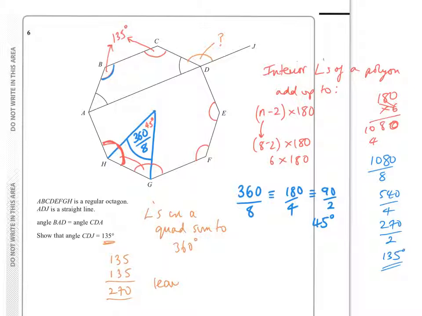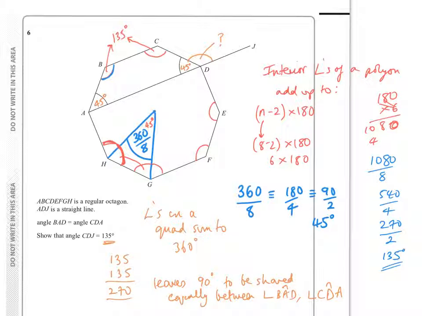That leaves 90 degrees to be shared equally between angle BAD and angle CDA, because we're told they're equal. So these are 45 here.